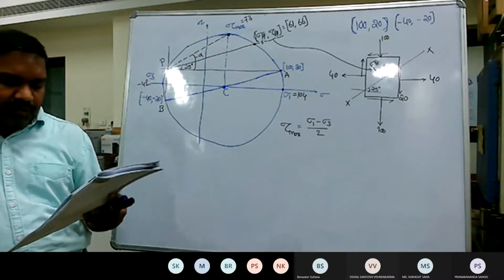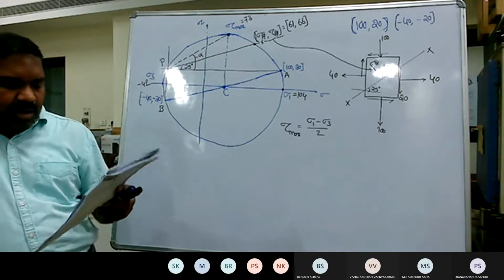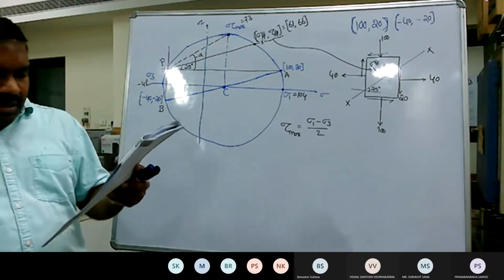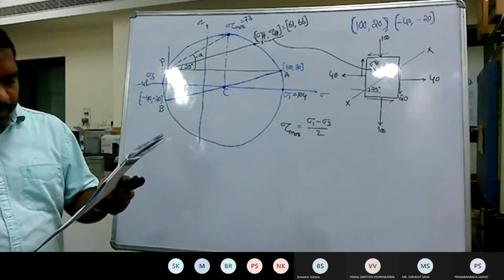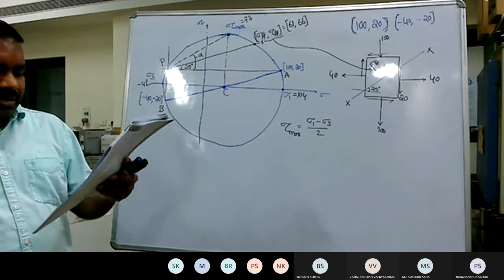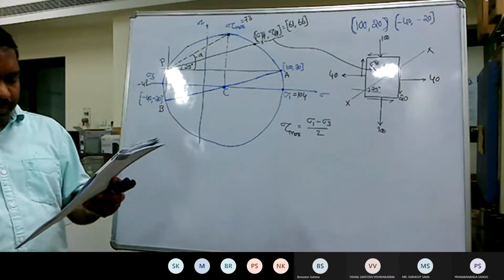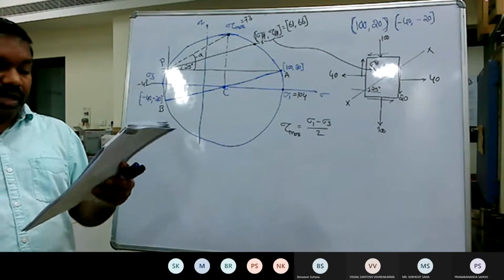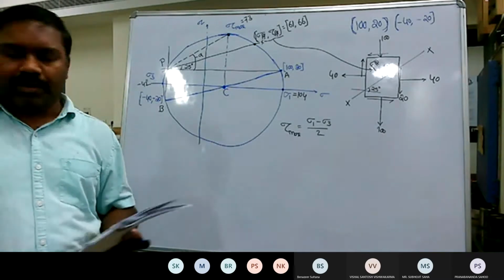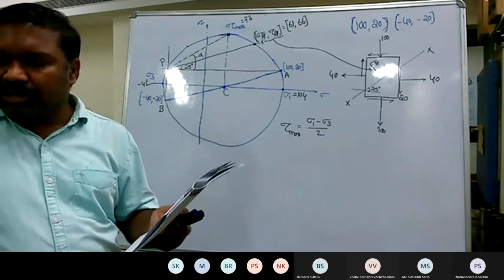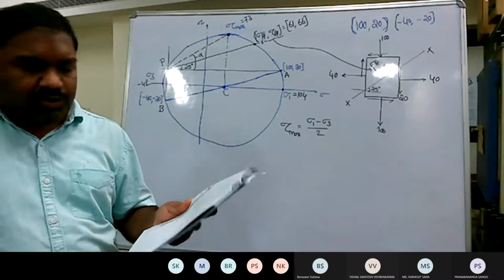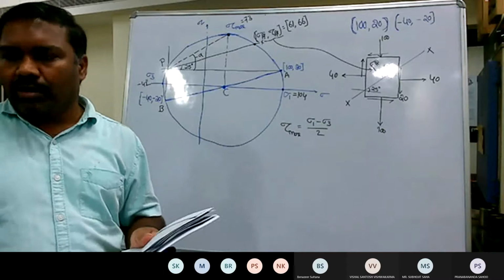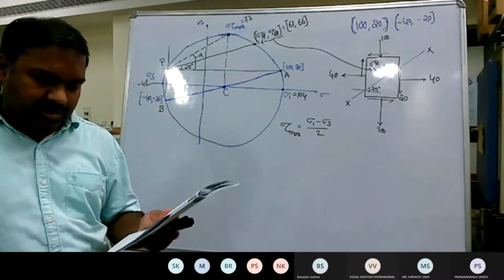In the second sum, a stress of 20 kilopascal acts on the horizontal plane, and a stress of 50 kilopascal, it's not 40, it is 50 kilopascal, acts on the vertical plane. No shear stresses are acting on the element, so you can presume that 20 and 50 are the major and minor principal stress components.